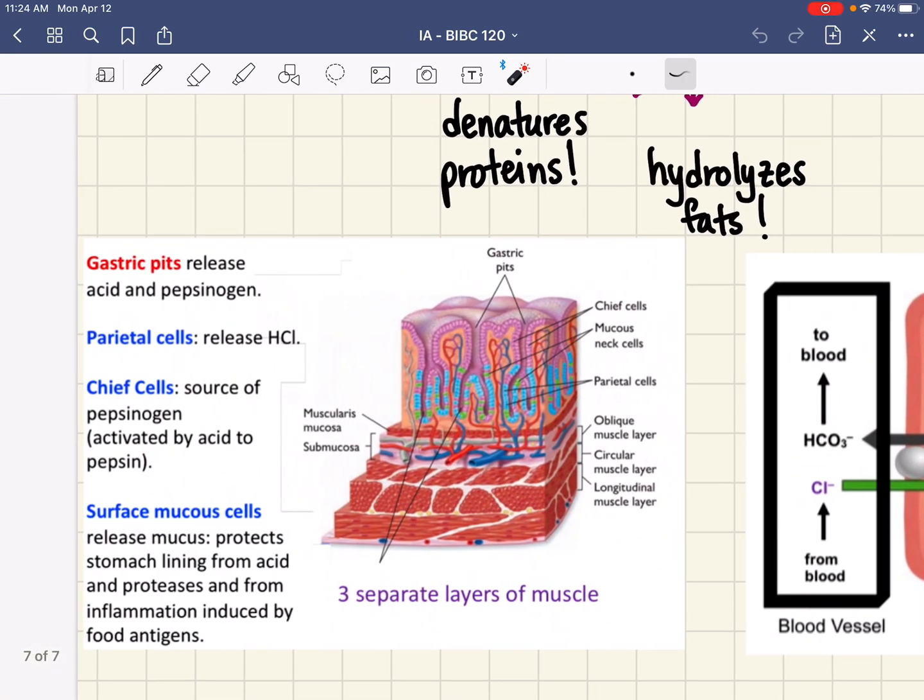So gastric pits are the structures in the wall of the stomach that release the HCl acid and the pepsinogen. The parietal cells release HCl. This may be incorrect now that I'm thinking about it.